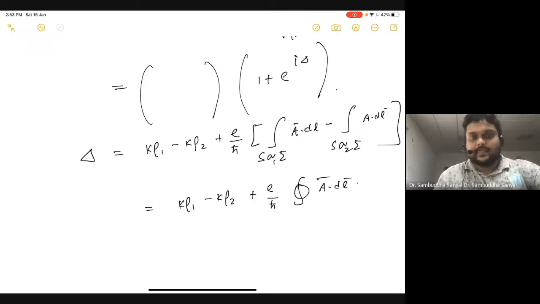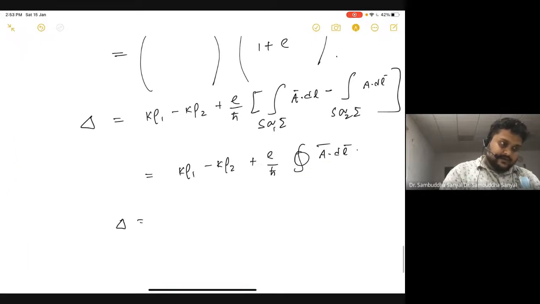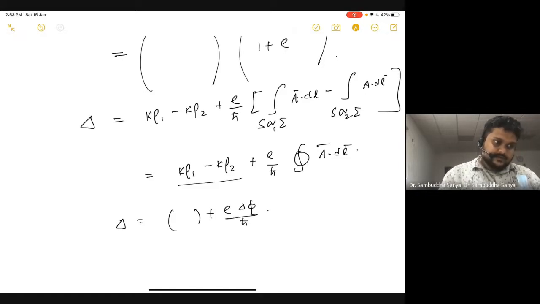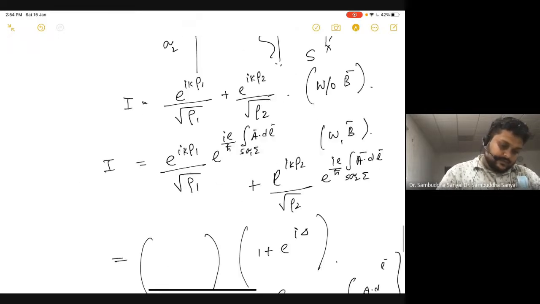Okay, I worked this out earlier. So delta is nothing but the usual interference pattern plus e times the flux phi by h bar. What was that A dot dl?